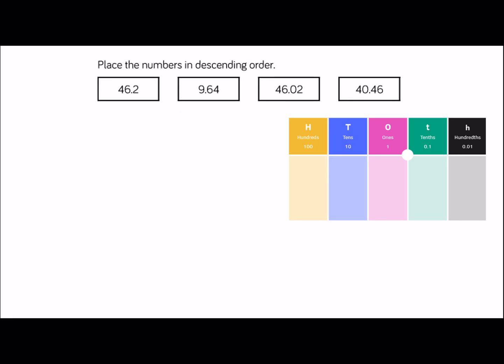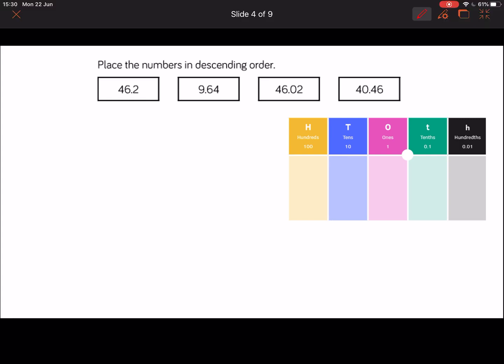Here's the first question. It says place the numbers in descending order. Now, descending order means that it's going from the biggest to the smallest. We have got the numbers 46.2, 9.64, 46.02 and 40.46.